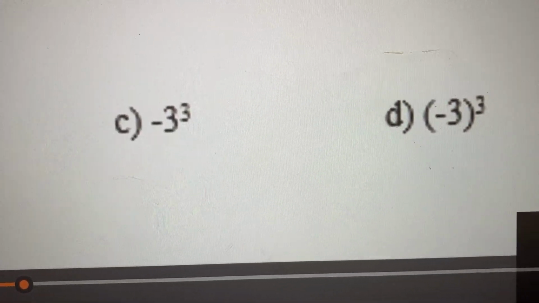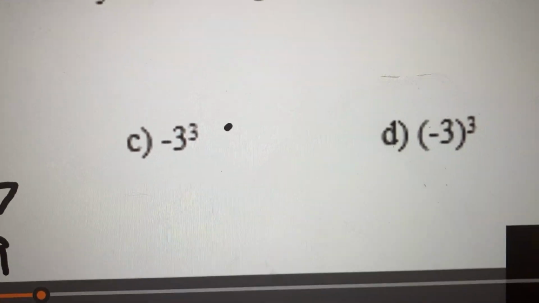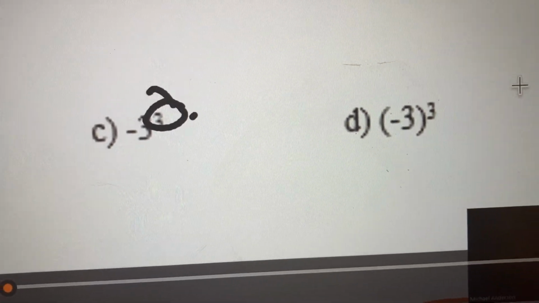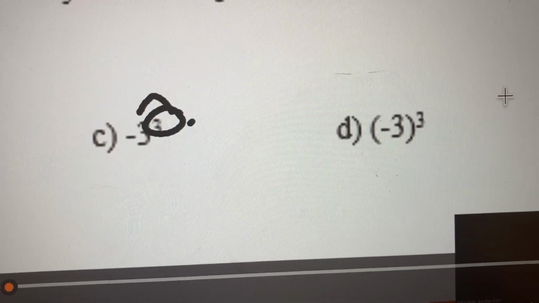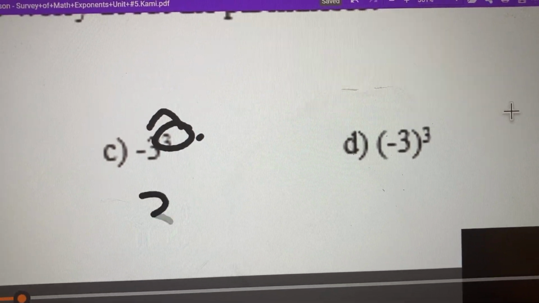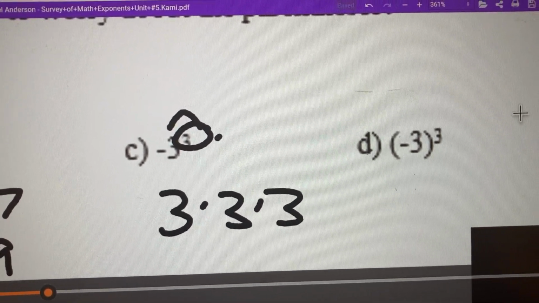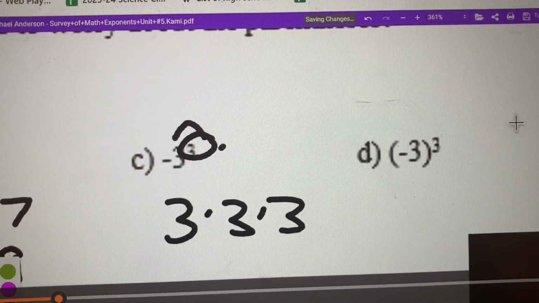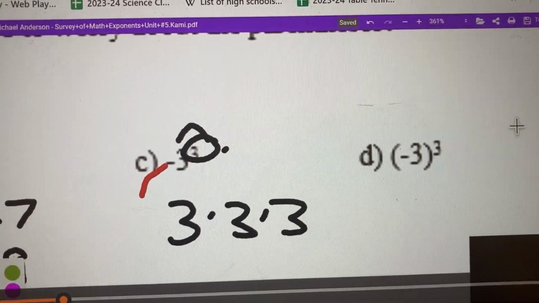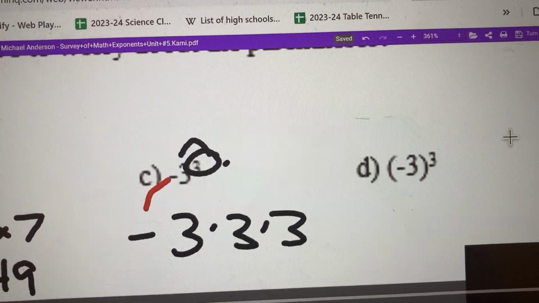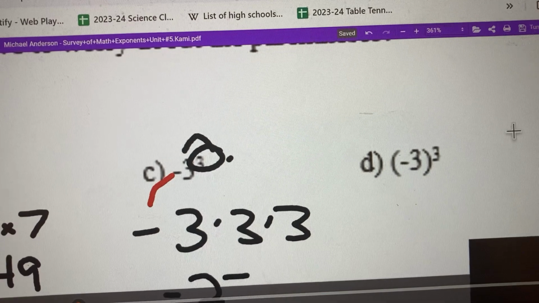For letter C, again, the power of 3 is only acting on what's immediately below it, which is only the 3. Then I bring down the negative sign. So this is going to be negative 27.